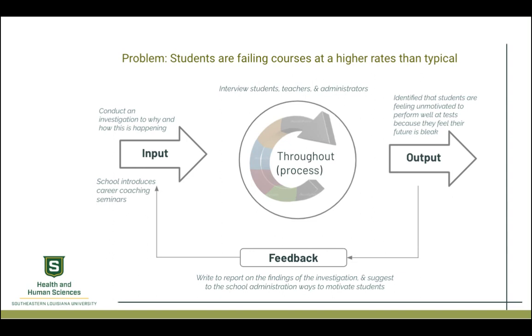And then the cycle continues, because this is an input, but the school still needs to know whether this career coaching is actually going to lead to a decrease in failure rates. And then if it doesn't, you go through the whole cycle of trying to investigate input, output, feedback loop, and all that. So that is why the system is very dynamic and tries to adapt to its environment.